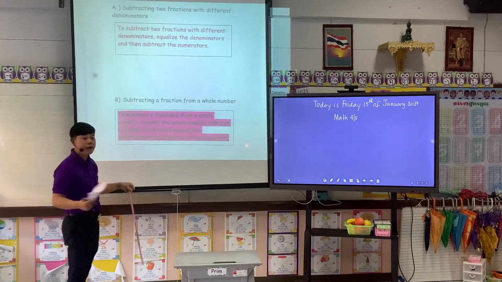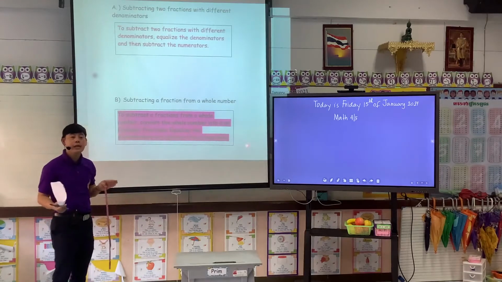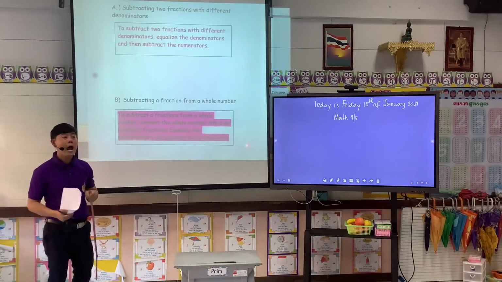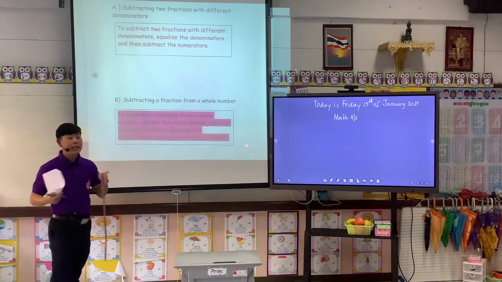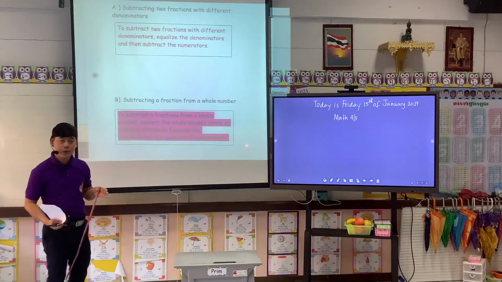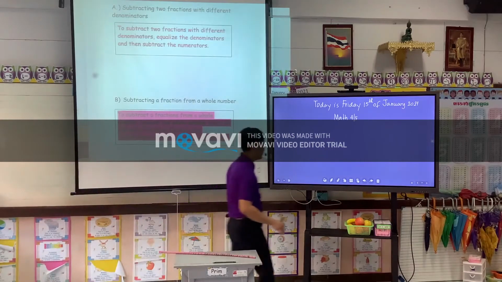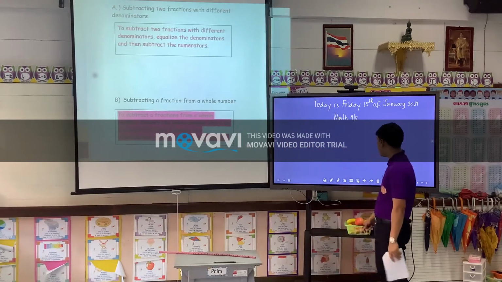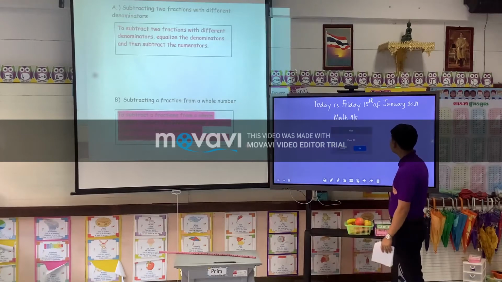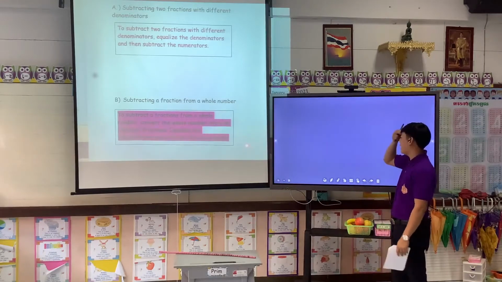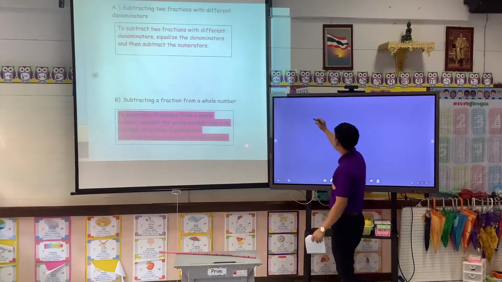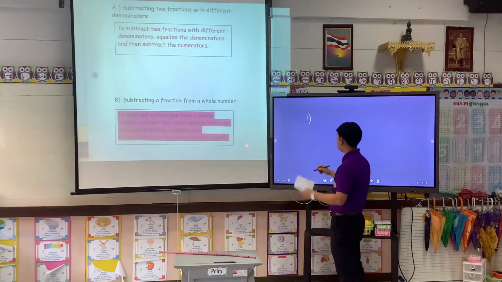When we say different, it means not the same. So let's find out how we can equalize the denominators. Are you ready? Okay, I will show you some examples with different denominators. I have one example here.